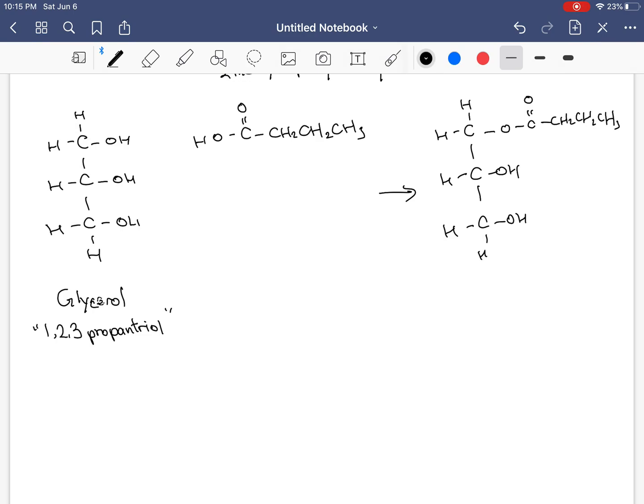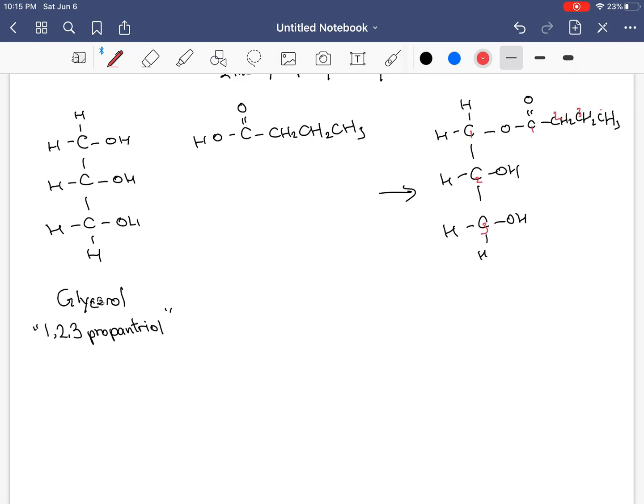Now, the thing is, how are you going to name this? You guys can pause this and give it a try, but I'm just going to quickly name it for you. You can see that this is your ester oxygen. So this is going to be carbon 1, 2, 3.